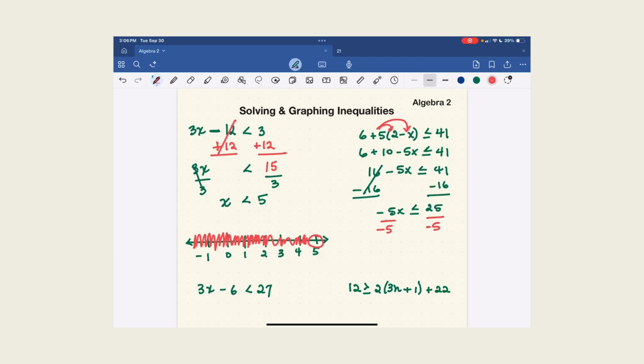So here we're dividing negative 5x by negative 5, which cancels, and we have x is now greater than or equal to negative 5.